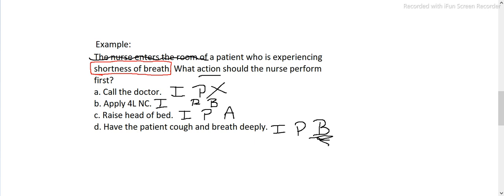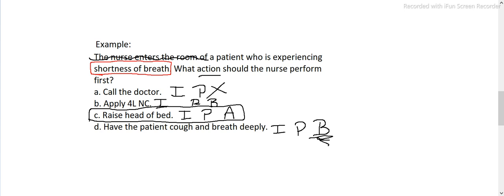Okay, so raise head of the bed. This one is gonna be the correct answer here. So this is gonna help put them in the best position for breathing. It might help with the shortness of breath. And then have the patient cough and breathe deeply.